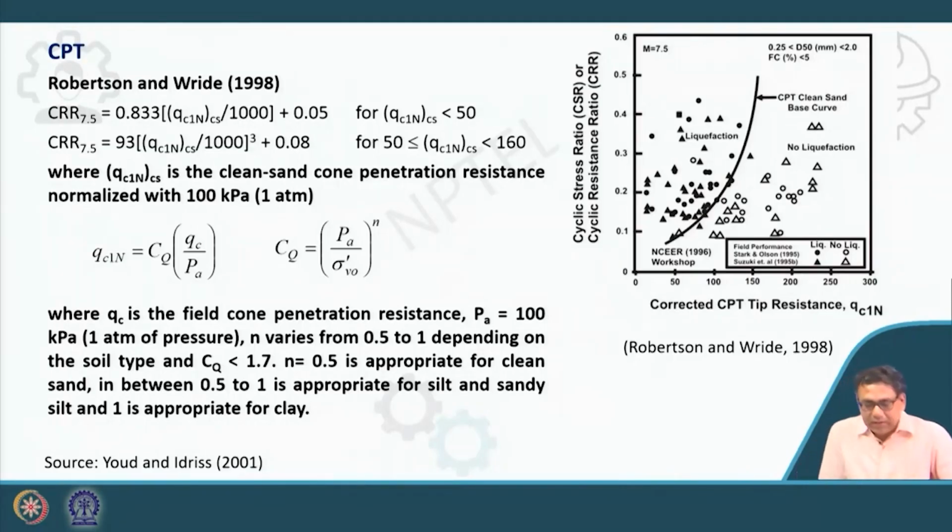Now, suppose we have the raw tip resistance that we are getting from the field, and we have to apply corrections. So, what are those corrections?